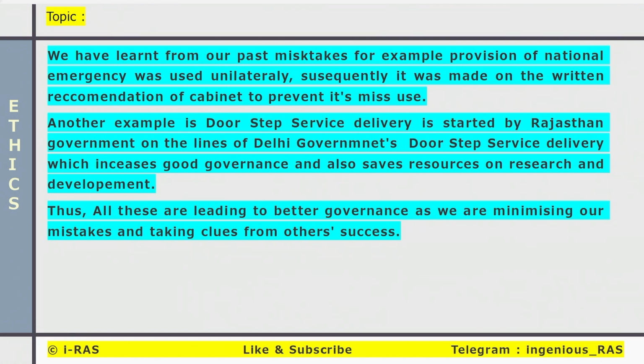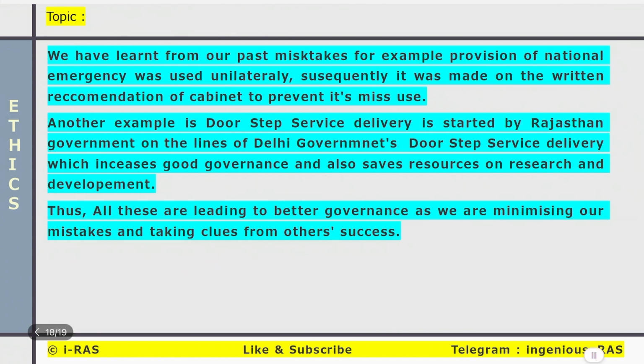There was a provision that the PM on his aid and advice can advise the president to impose national emergency. However, by way of the 44th Amendment Act, there is a need for a written recommendation from the cabinet to prevent its misuse. So we learned from our past mistake and we rectified it. It will lead to better governance than in previous years.